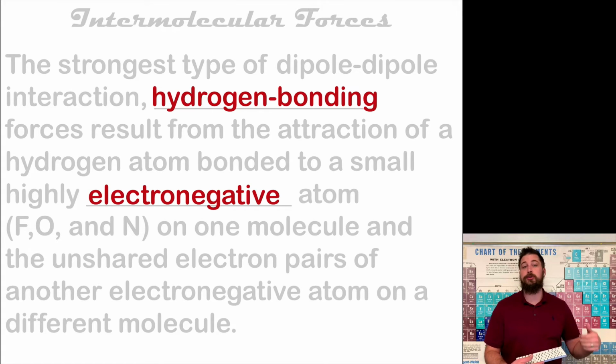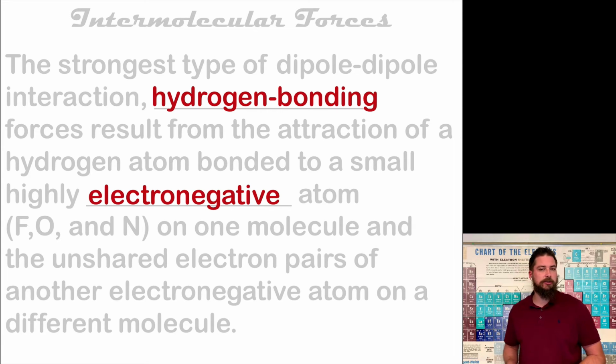If hydrogen is bonded with these three, it creates a very polar bond, so extremely polar that you're not just going to have a partial negative, you're going to have a very large partial negative and a very large partial positive. Because they're very large partial positives and negatives, the force of attraction with other molecules that have these partial charges is going to be very strong.